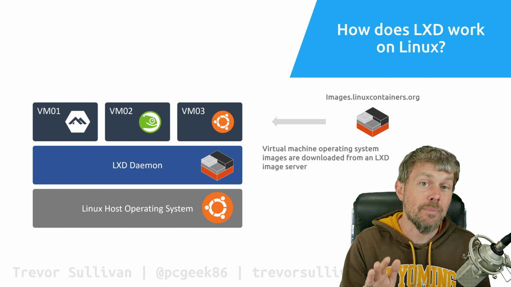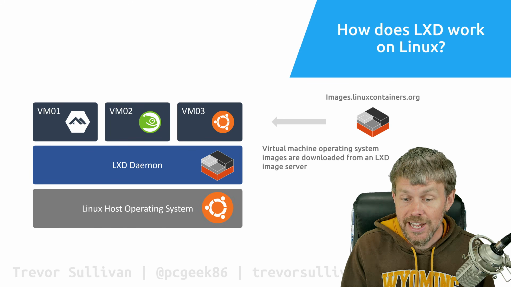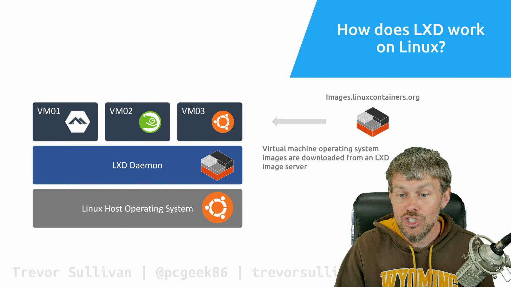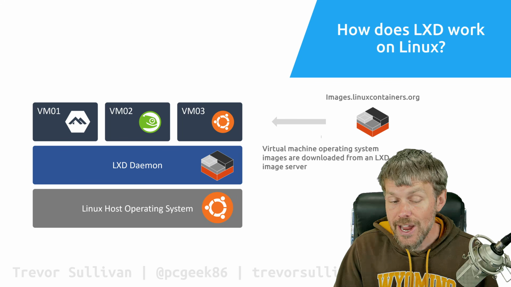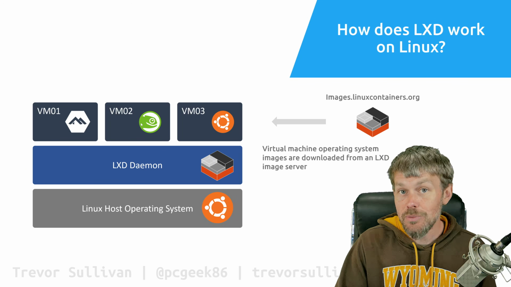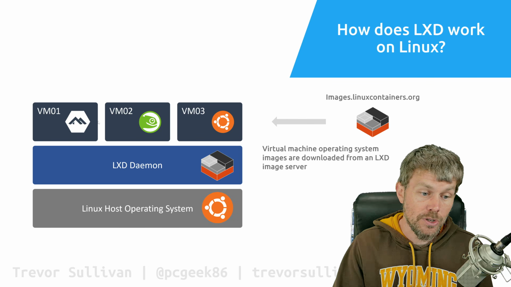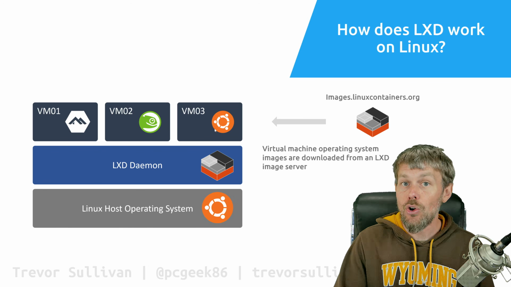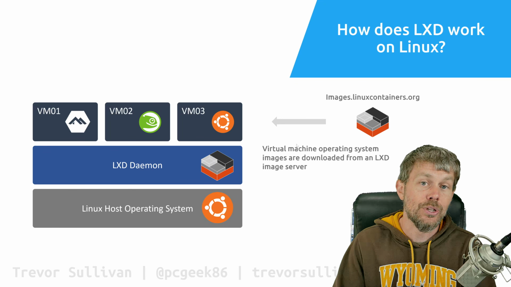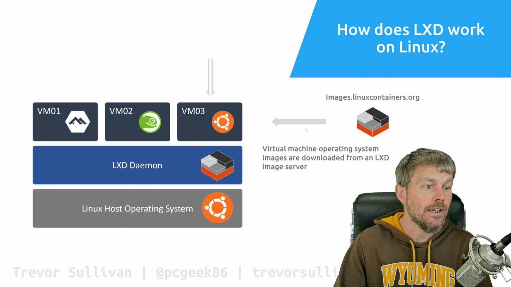So you don't even have to worry about setting one of these up yourself if you want to use the default images that are available over at images.linuxcontainers.org. So that server actually hosts the operating system images that are fully up to date for some of the most common Linux distributions like Alpine, OpenSUSE, Ubuntu, Kali Linux, and a whole bunch of others. And then you can simply use LXD to deploy virtual machines using those pre-built cloud images.